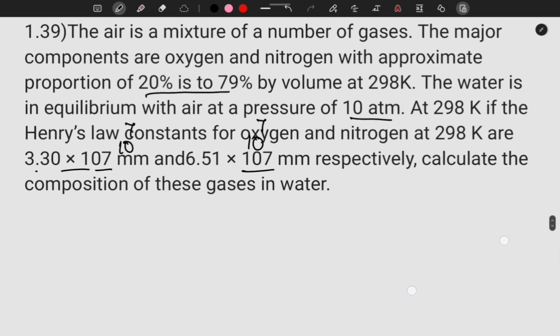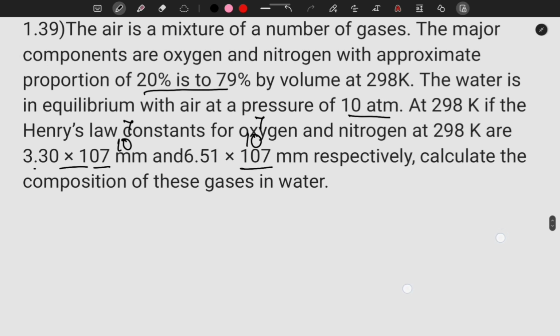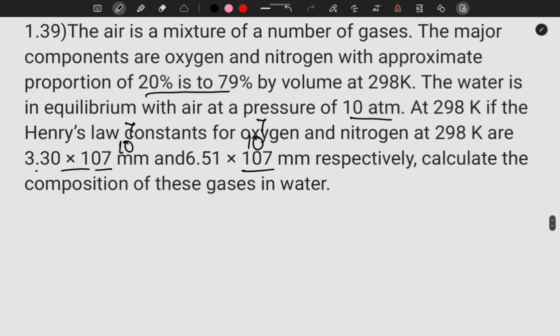So composition of these gases in water means we have to find out the mole fraction of each component in water. So here first let us find out the partial pressure of oxygen, because it's given in percentage, 20% of 10 atmosphere. So partial pressure of oxygen is equal to 20% of 10.